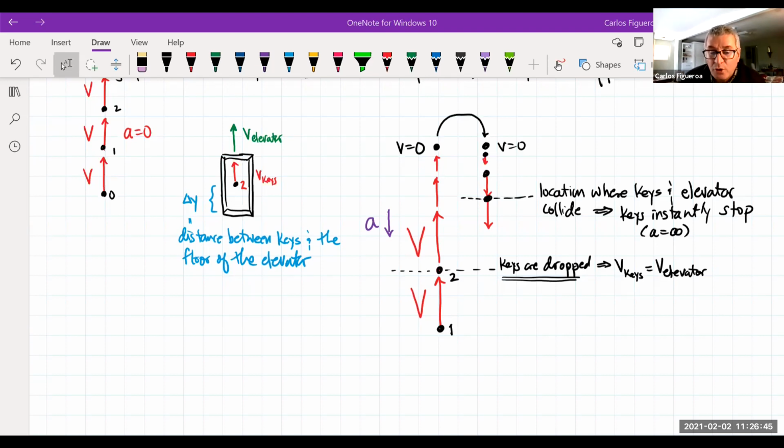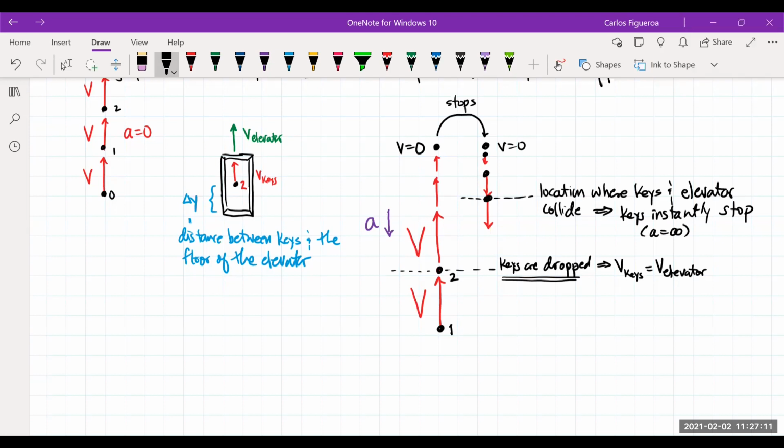So gravity is slowing it down, but I'm making the assumption that the elevator does not collide with the keys until after the keys have started falling down. I don't know if that answers your question, Tessa.